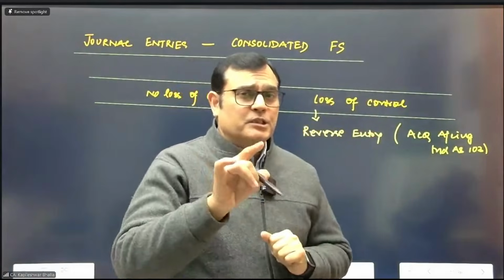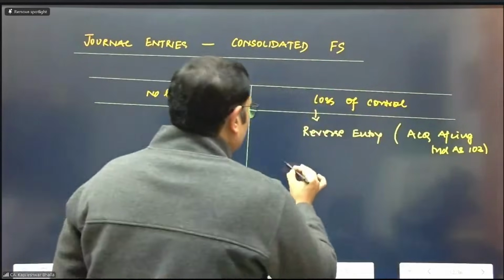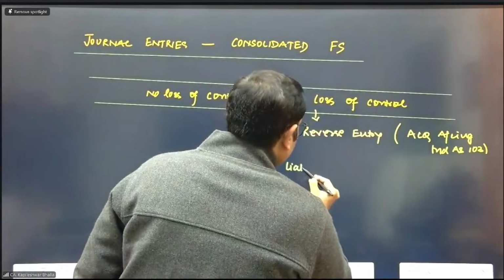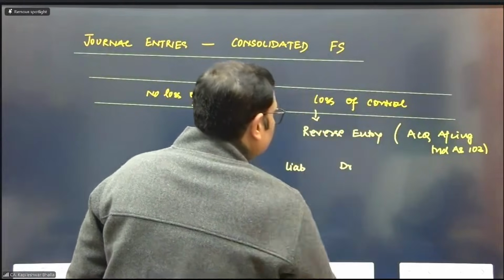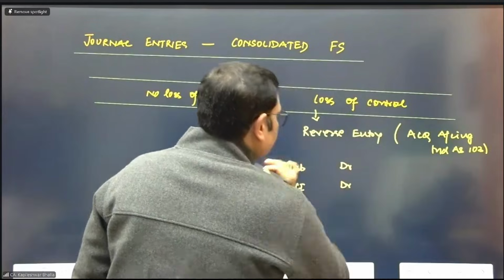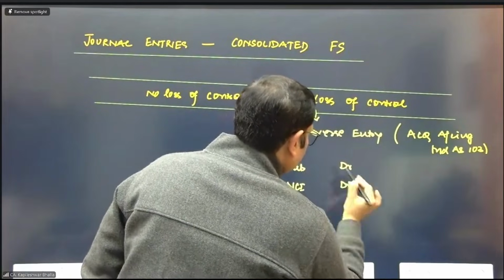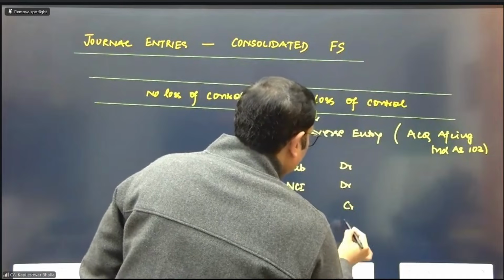Now, debits will become credits, credits will become debits. So liabilities will be given a debit. NCI will be given a debit. Assets will be given a credit. Goodwill is going to be given a credit.